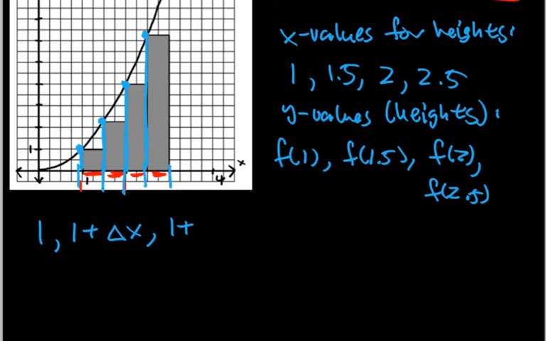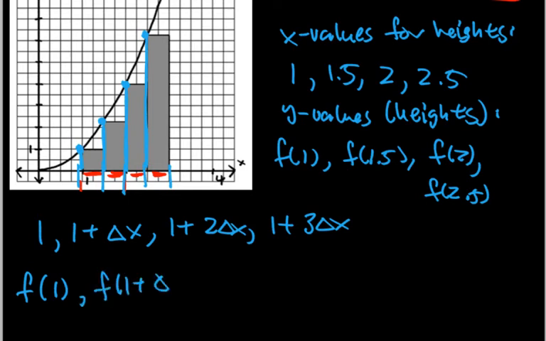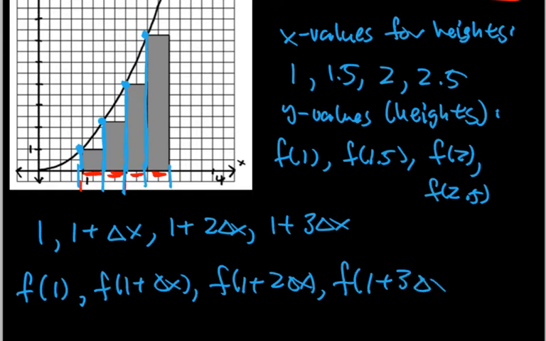In other words, 2 delta x's. And then we get another delta x there. So we get 1 plus delta x, 1 plus 2 delta x, and 1 plus 3 delta x. In other words, we have f of 1, and then we have f of 1 plus delta x, and we have f of 1 plus 2 delta x, and then we have f of 1 plus 3 delta x. These are all the heights. Alright, now let's actually put this into the sum itself.